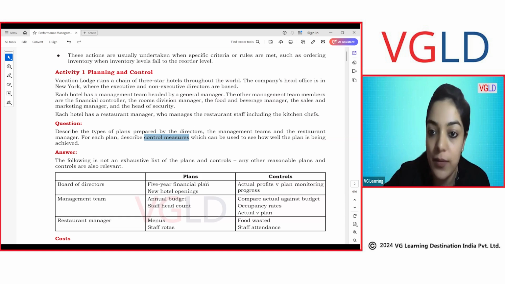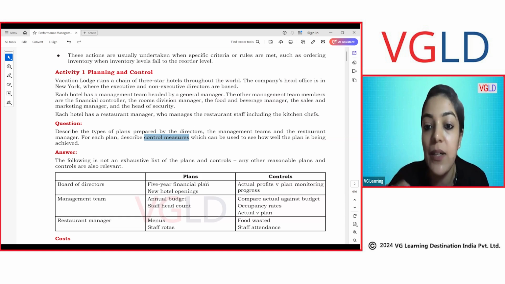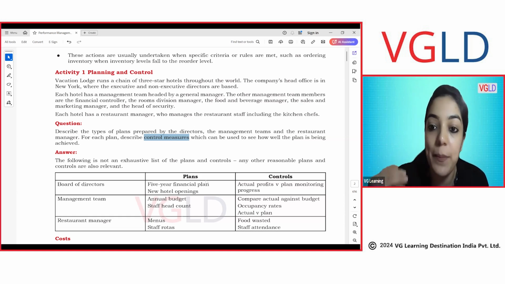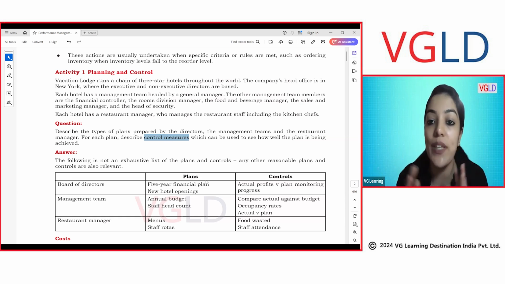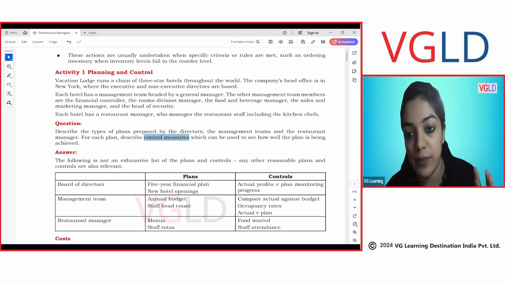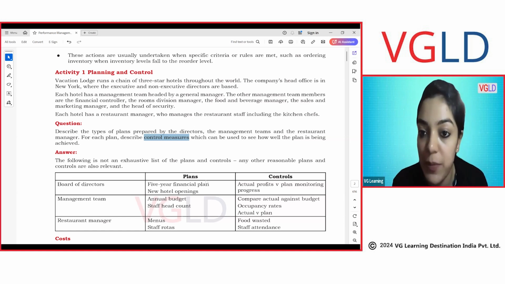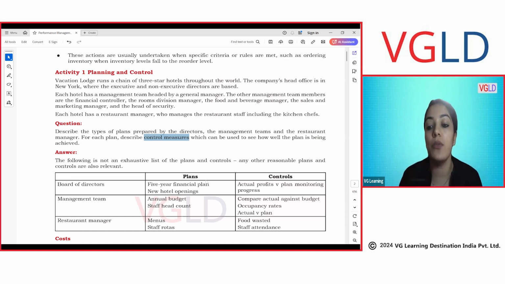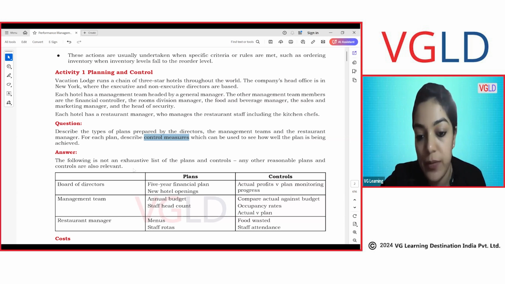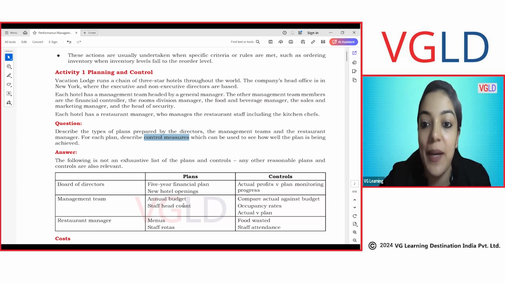It will come under both as a control measure, like whether you have the plan to keep staff for a very long duration, you want to retain staff, but how do you measure whether you are able to actually do it? It will be through staff turnover. So that you can keep at the management level, because ultimately the management team will be controlling the restaurant team also.